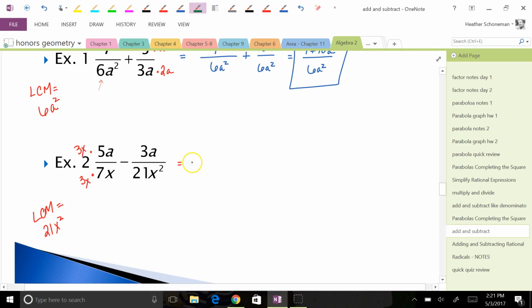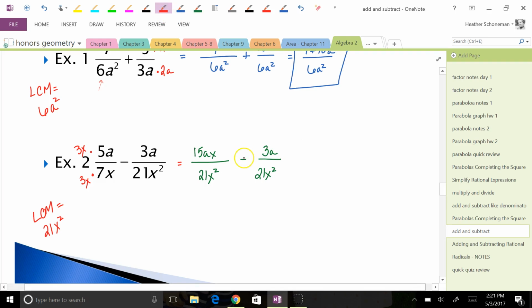So when I do that, that's going to give me 21x squared down here, minus, over here, this is going to be 21x squared, and on top, 3x times 5a is going to be, oops, just kidding, it's going to be 15ax, and over here, we still have 3a.